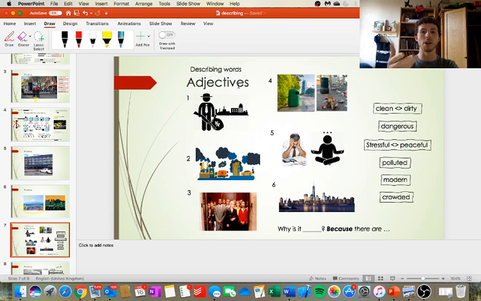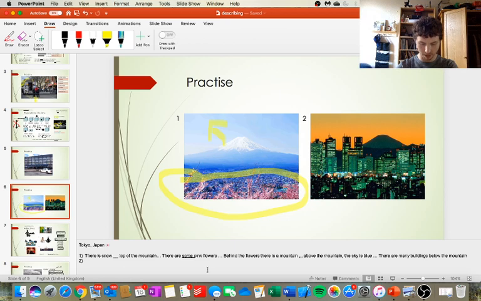Adjectives describe things. So can we match up the picture and the word? For the second picture, I see a city with very many lights.